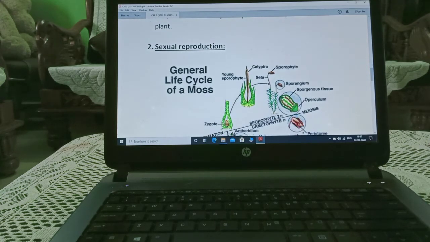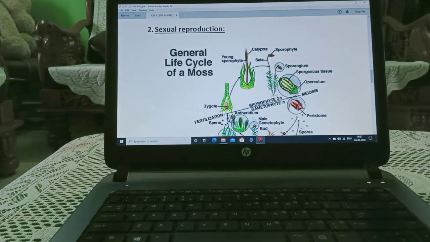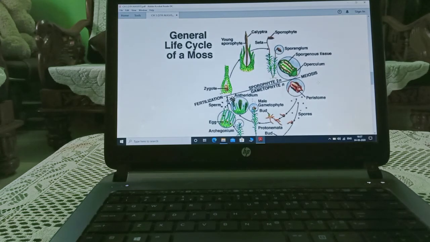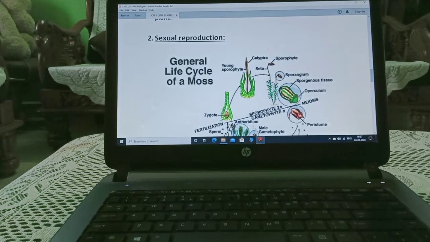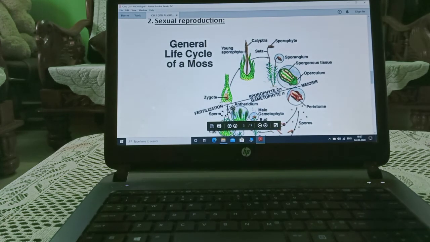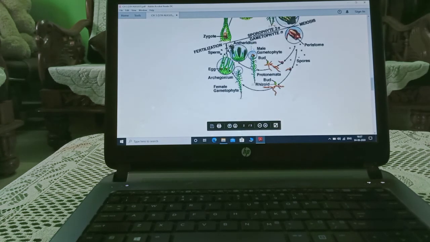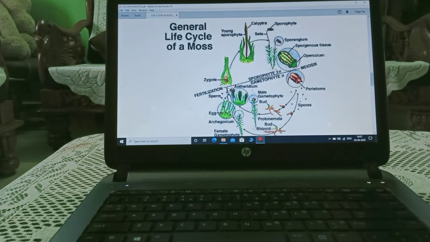Now sexual reproduction. This is the life cycle of moss. Here we will see how sexual reproduction takes place, alternation of generation. As you can see, this is sporophyte, meaning 2n, and gametophyte, meaning n.